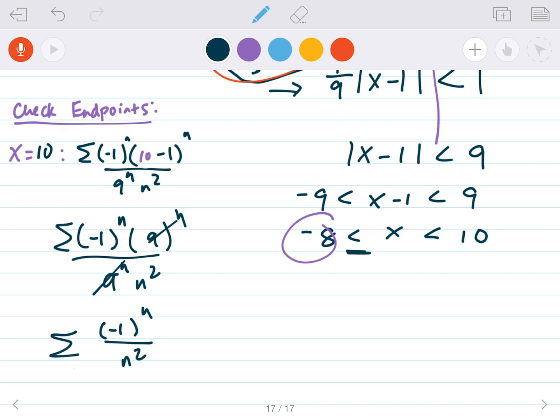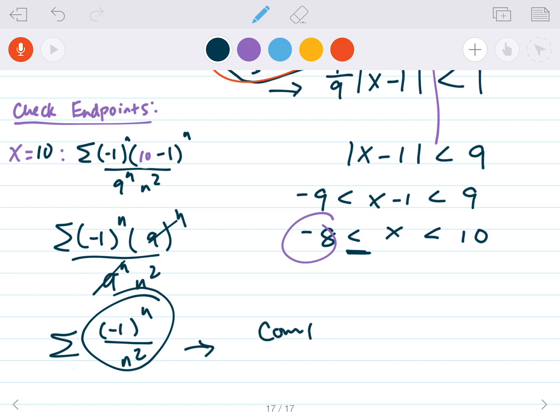Now, since we know that 1 over n squared converges, well, negative 1 to the n over n squared must also converge, because since it's alternating, we're only taking away numbers, right? So it's kind of like a comparison test in a way. Let me just explain this a little bit more.